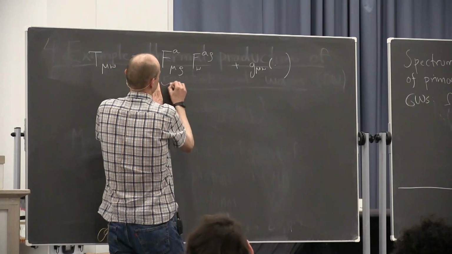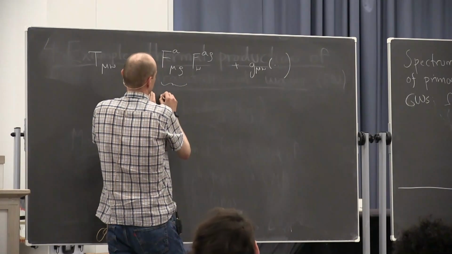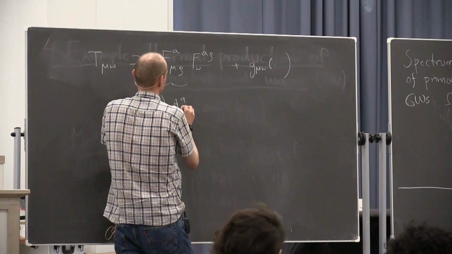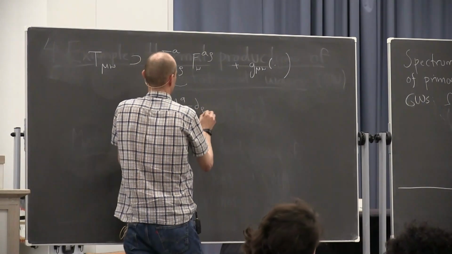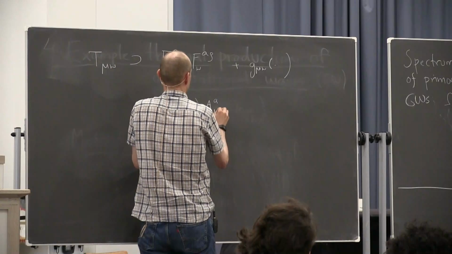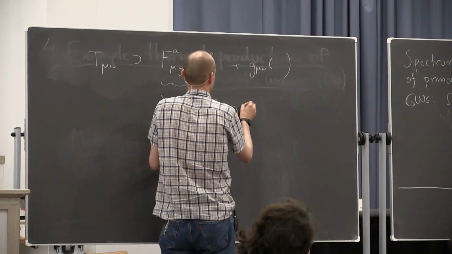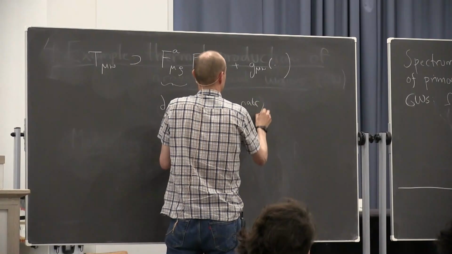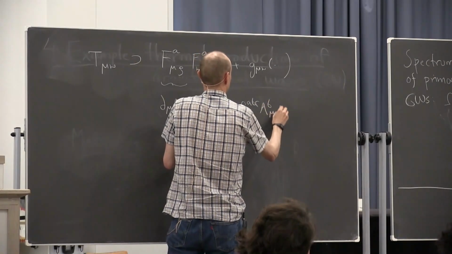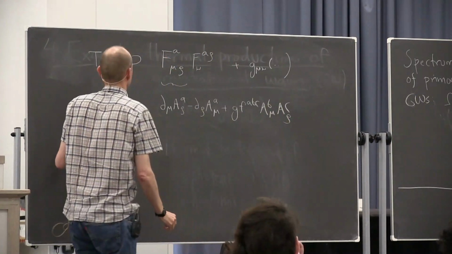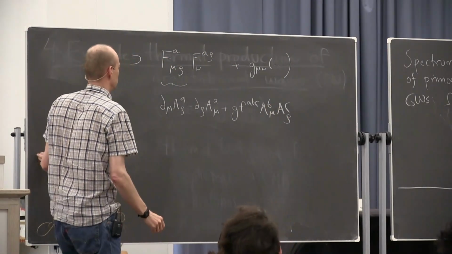Okay, so now we remember that F mu nu, in terms of elementary fields, can have a single field, or in a non-abelian theory, it can then have also two fields. And this then couples to gravitons.